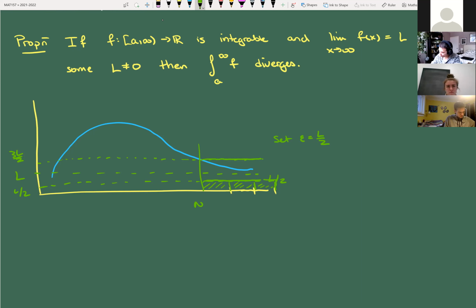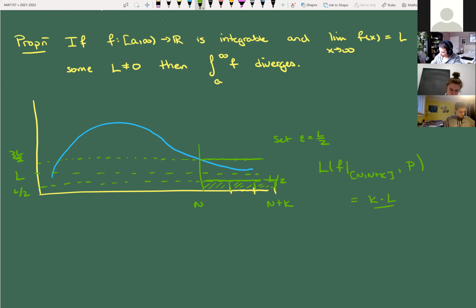So the lower sum, say from n to n plus k, you have to make sure these things integer out, but that's not too hard. The lower sum of f on the interval n to n plus k of your kind of silly partition is equal to, what is that going to be?